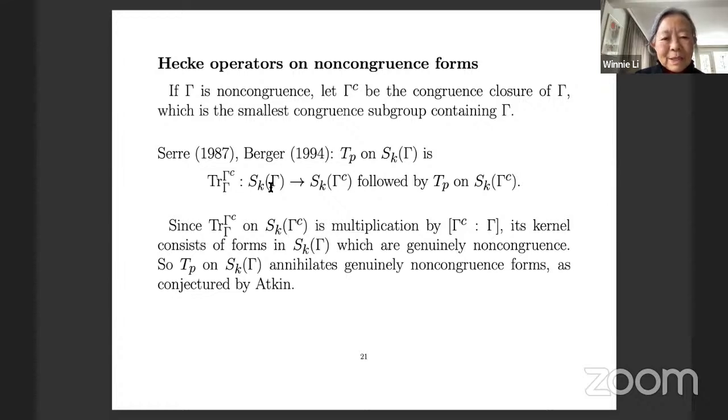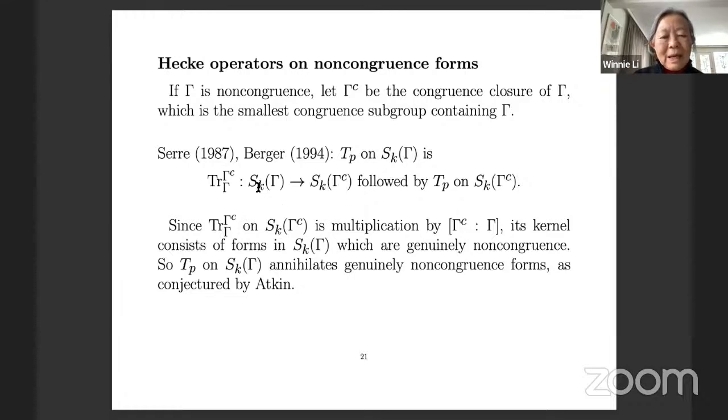And the trace means that you take the coset representatives of gamma inside gamma c, then you average the forms for gamma by the coset representatives to make them a form for gamma c. And then this is followed by the usual Hecke operator on the congruence subgroup gamma c.